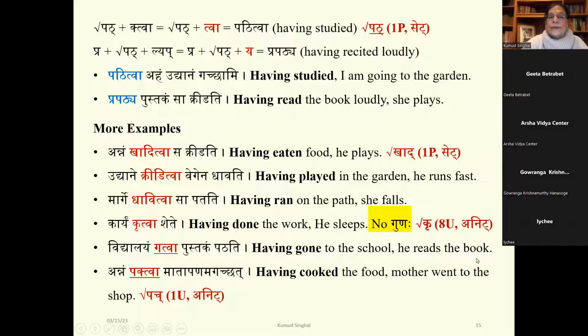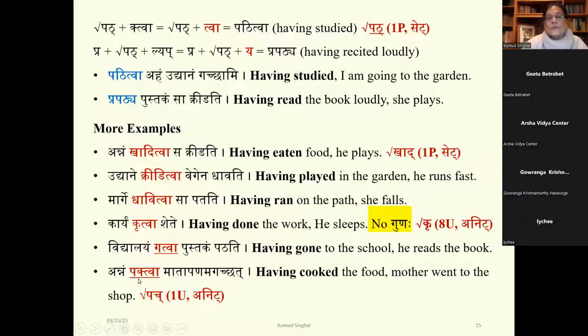No guna. Then gam, gatva. Now ma changes to ta, right? Gatva. Vidyalayam gatva pustakam pathati, but this is an irregular root form. Having gone to the school, he reads the book. Annam paktva.